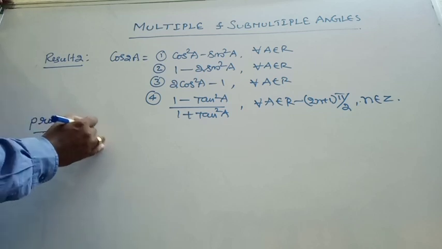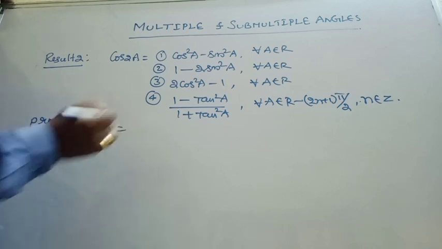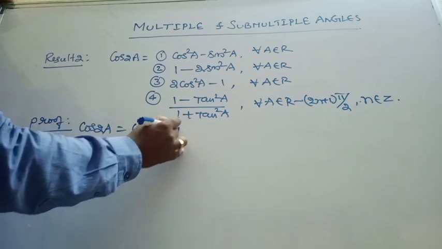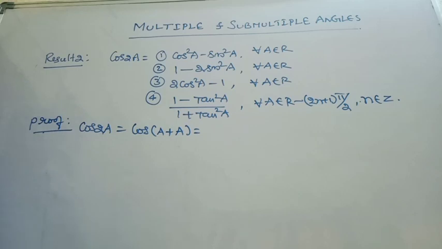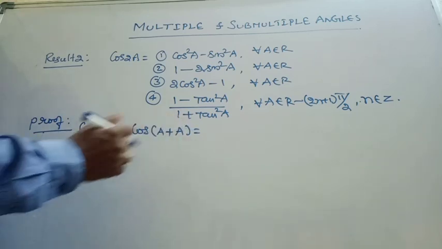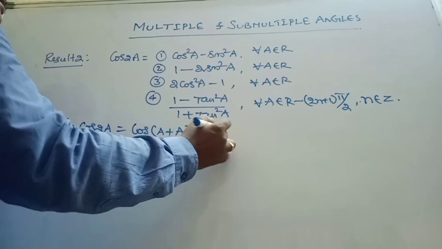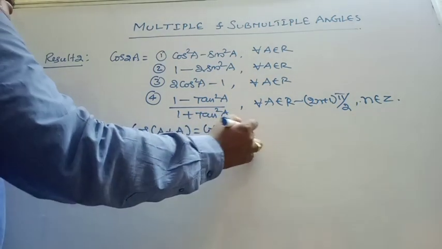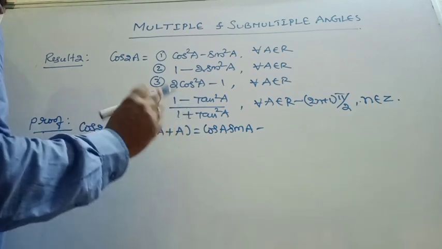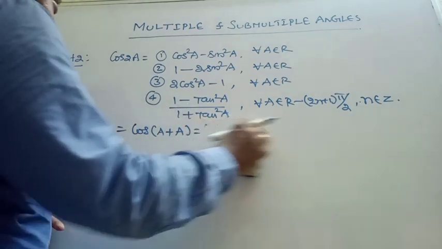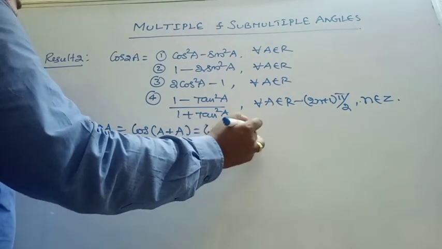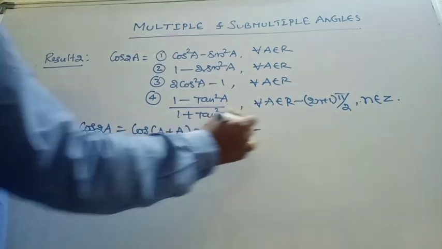Now cos 2a, my dear students, you can write as cos(a plus a), like this. That is the cos(a plus b) formula: cos a cos b minus sin a sin b.